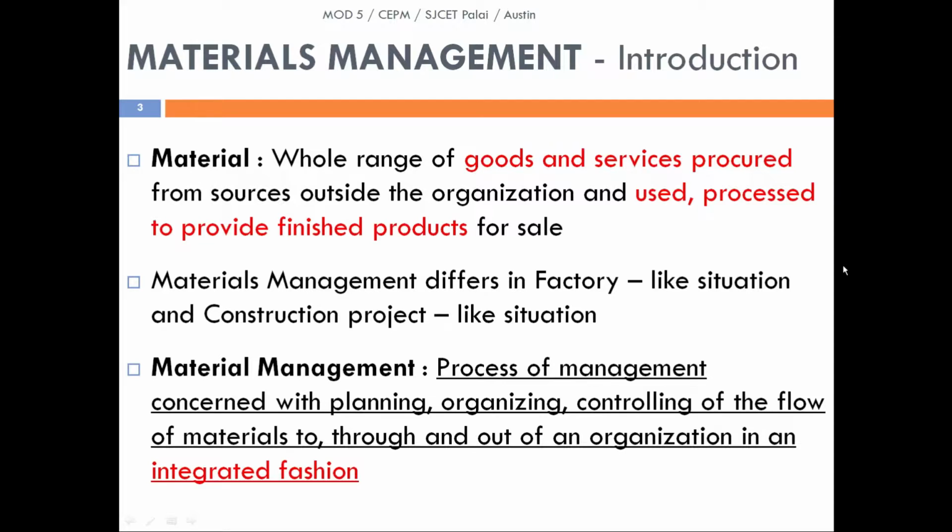And this management is very important because the type of material varies in different aspects. It can be different in a factory or it can be different in a construction project. So we need to have an integrated approach towards material management so that material can be properly managed for the efficient flow of the work and also for increasing the efficiency.